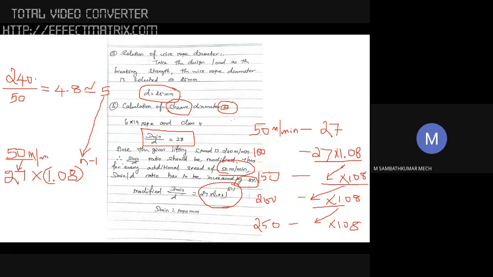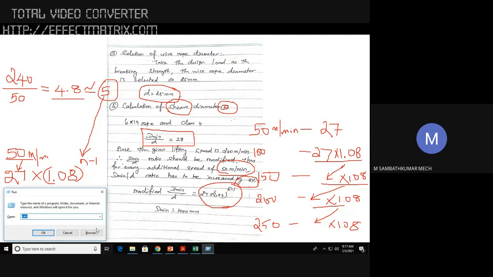So you should add for every additional 50 meter per minute. 240 divided by 50 is 4.8, so it is always equal to 5. So this is your n value. Substitute here, you will get around 9.915. Last class we solved.